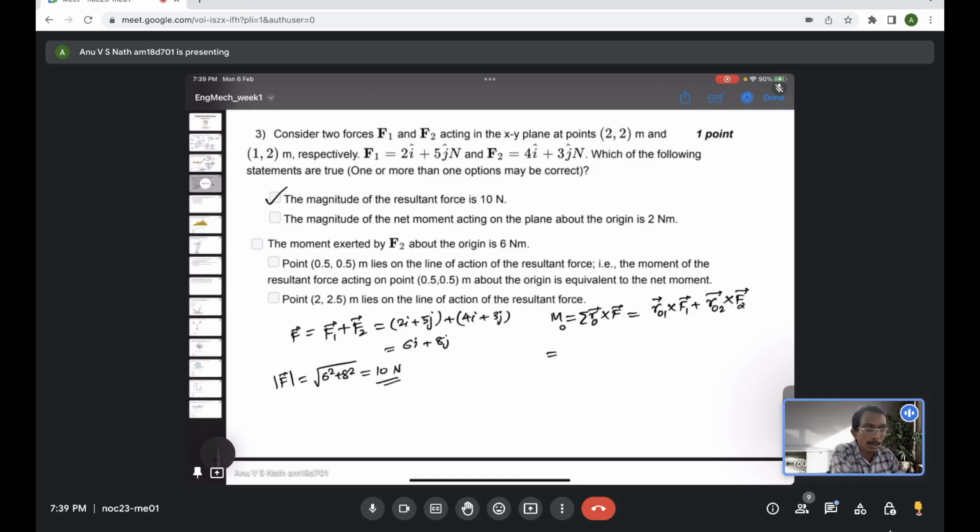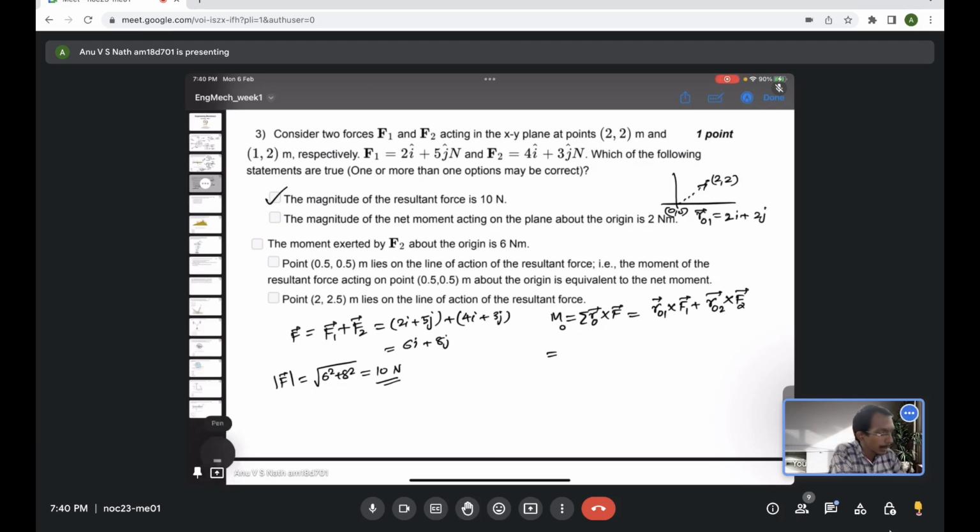So origin is (0, 0). I hope all of you know how to evaluate the position vector. So if a point is at (2, 2) from the origin, the position vector RO1 will be just 2 minus 0 i, which is 2i, plus 2 minus 0 j, which is 2j.